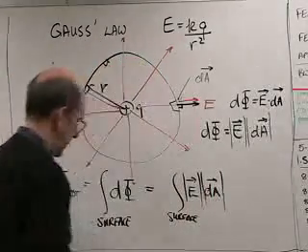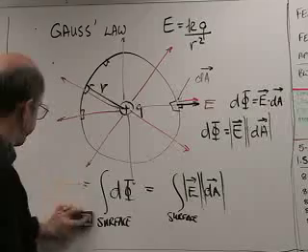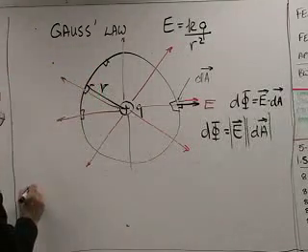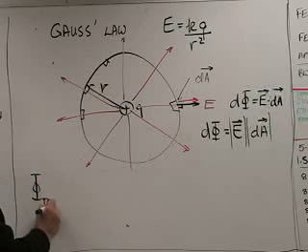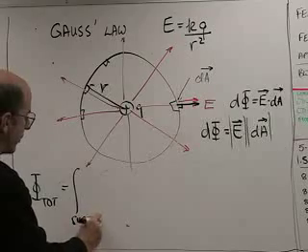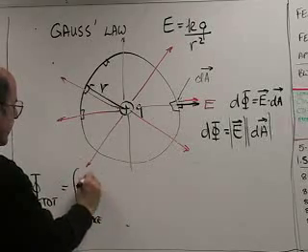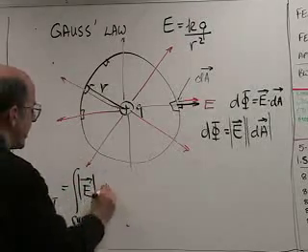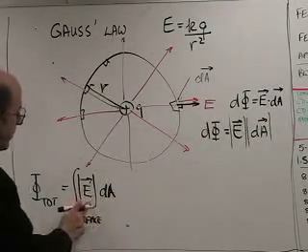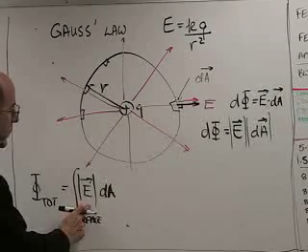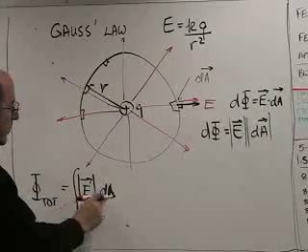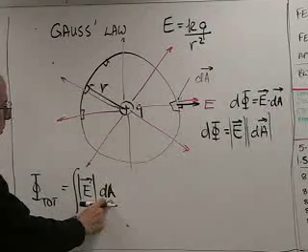Let me rewrite this for a minute. We get phi total is equal to the integral over the surface of the absolute value of the electric field times dA, and that's a scalar, so I'm just going to write it as dA. This is a constant at any point on the surface. At any point on the surface, the angle between the electric field and the area vector is 0 degrees.